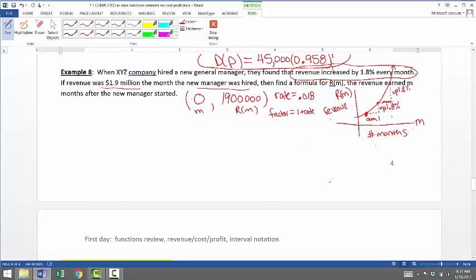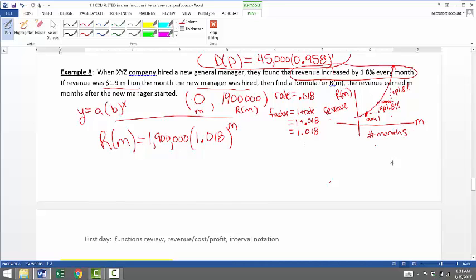So it's 1 plus 0.018. The factor is 1.018. So our y-intercept's 1,900,000. Our factor is 1.018. Exponential function is a times b to the x. So for us, it's R of M equals 1,900,000, our y-intercept, times 1.018 raised to the M, because the input variable is M.